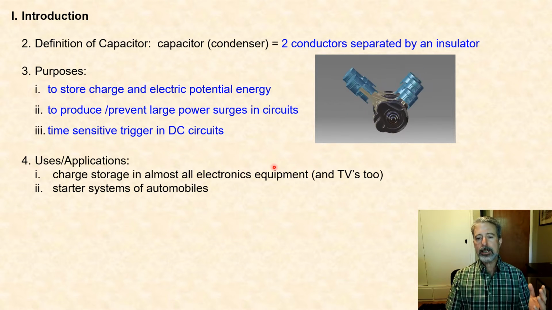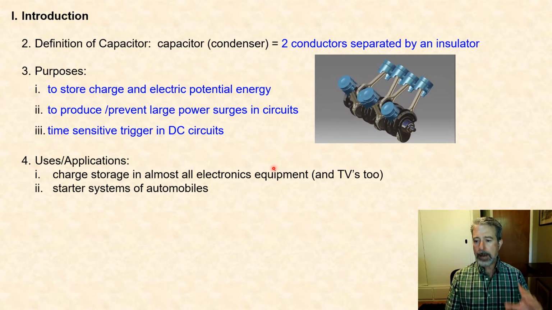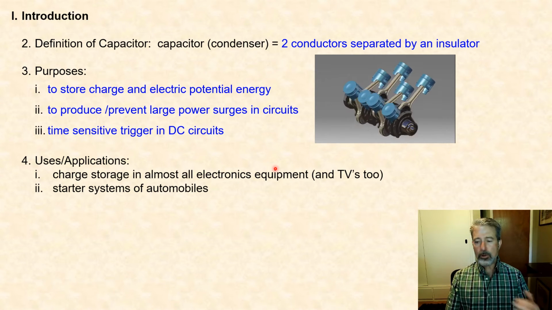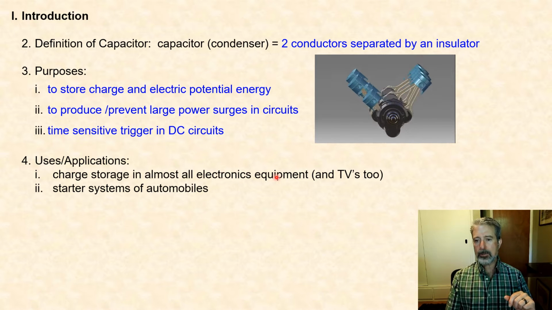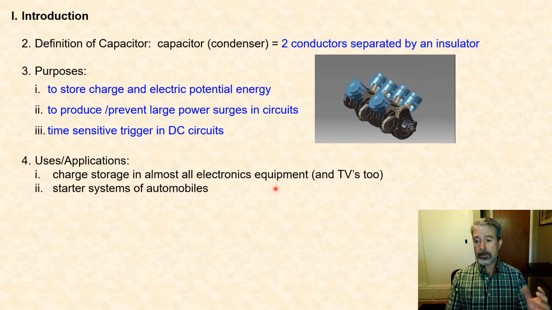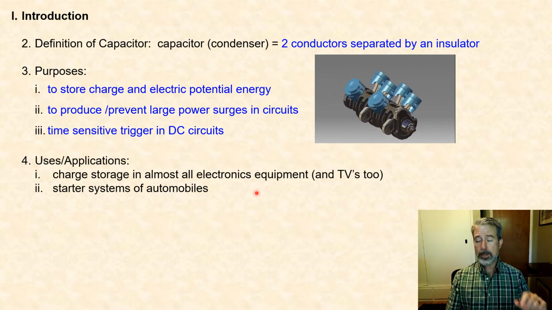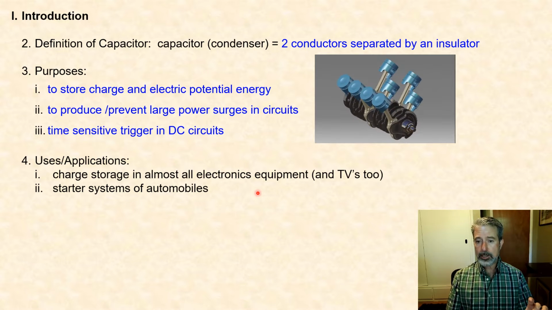Well, a 12-volt battery in a car simply cannot produce enough power to make that engine start turning. It has simply too much inertia. So inside the circuit for the starter system of that automobile will be a large capacitor.